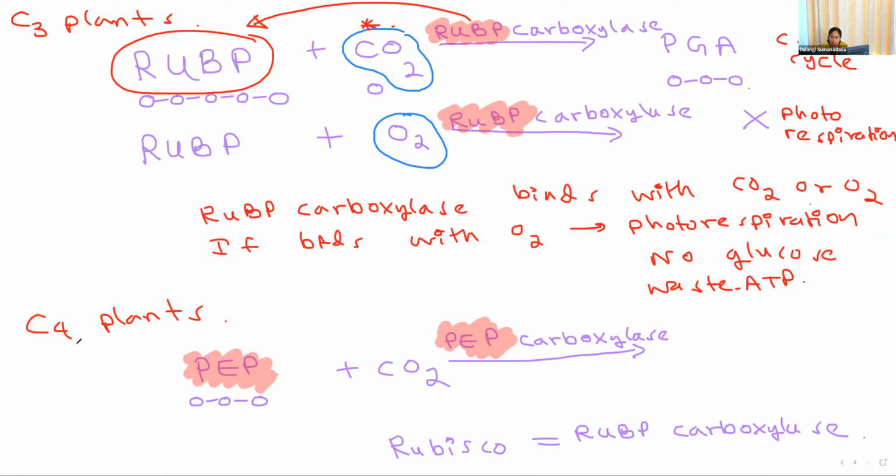So this is the C4 plants, right? I will rewrite everything, you will understand this. But if I say the substrate is 3-carbon PEP, it's bringing 1 carbon dioxide. Write down how many carbons in the product.